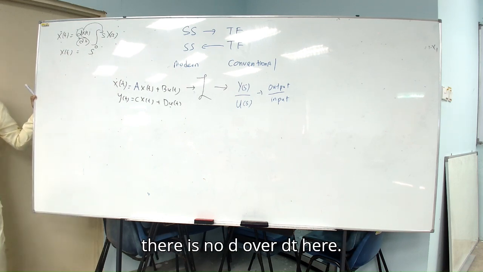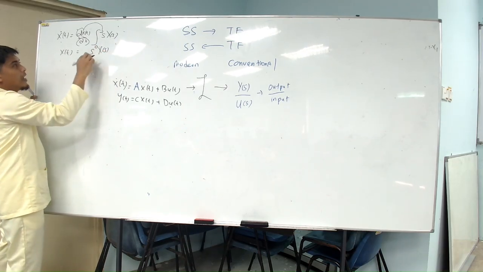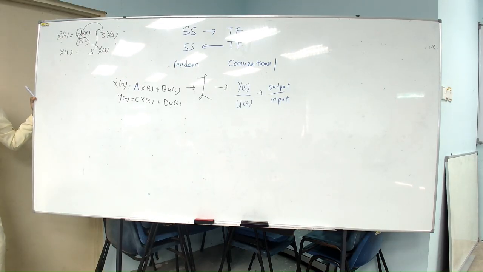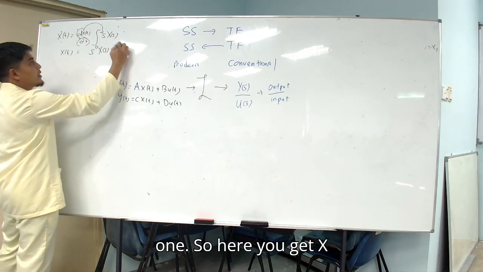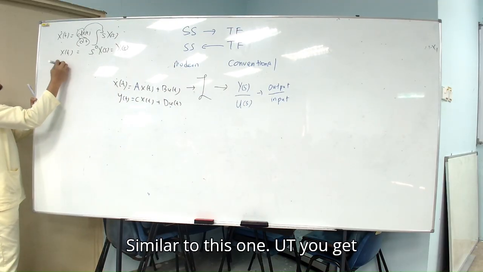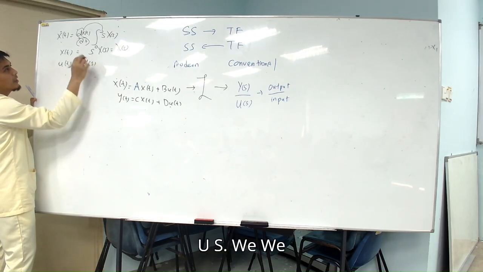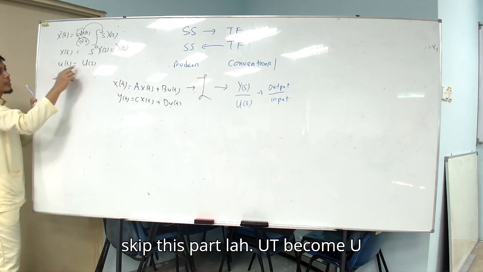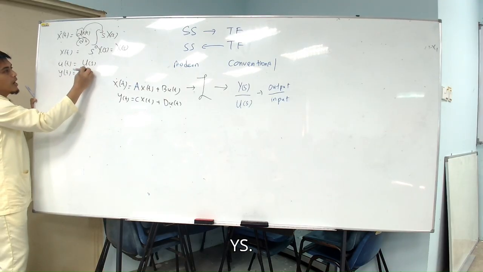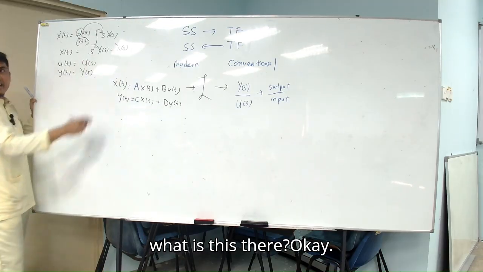And anything with power of 0 equals 1. So here you get X(s). Similar to this one, u(t) you get U(s). We skip this part. Here y(t) becomes Y(s).